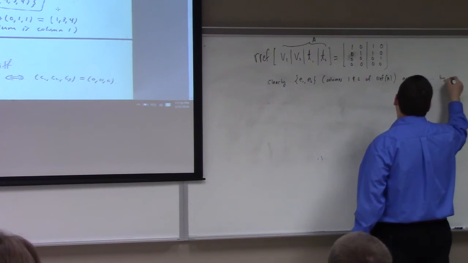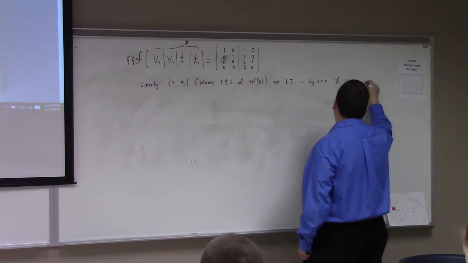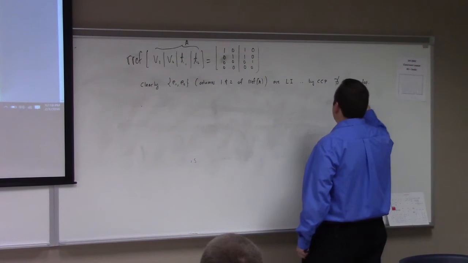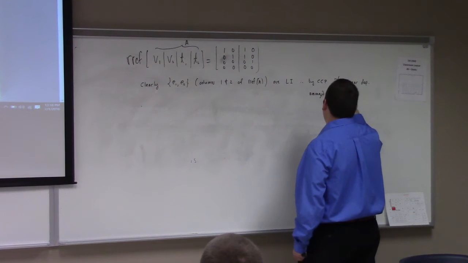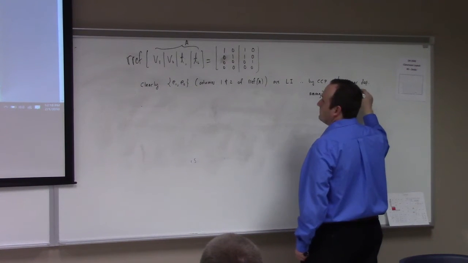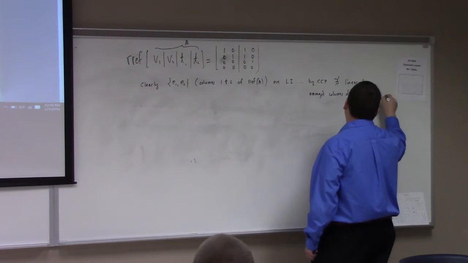Therefore, by CCP, there does not exist a linear dependence amongst columns of A, aka V1 and V2.